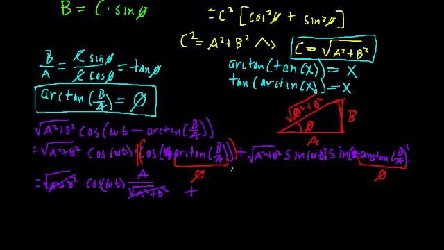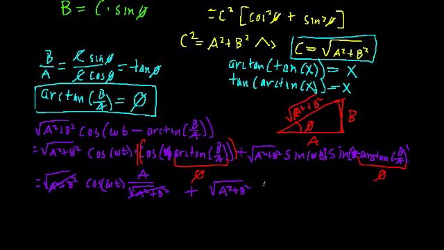So let's do the same thing for this sine term. Sine, SOHCAHTOA, that is the opposite divided by the hypotenuse. So sine of this arctan of b divided by a, that is the opposite side, b, divided by the hypotenuse, square root of a squared plus b squared. So that means that this whole entire thing is equal to b divided by square root of a squared plus b squared. So let's plug that in. We get square root of a squared plus b squared from right here.